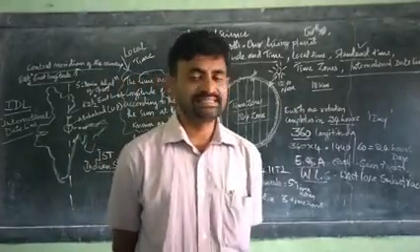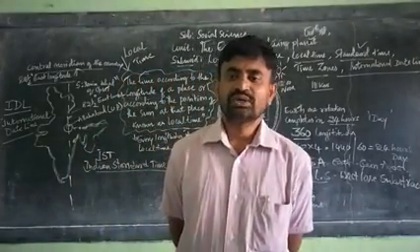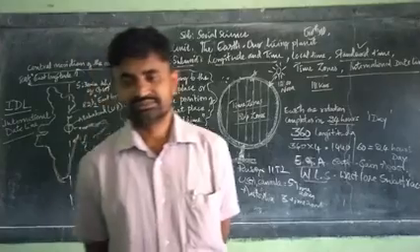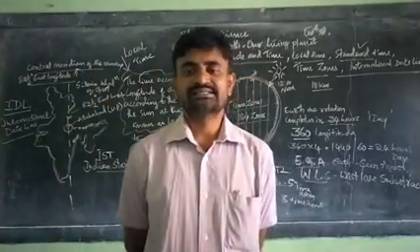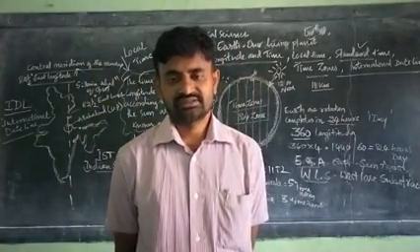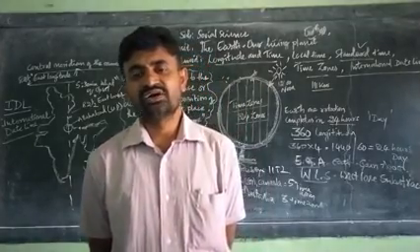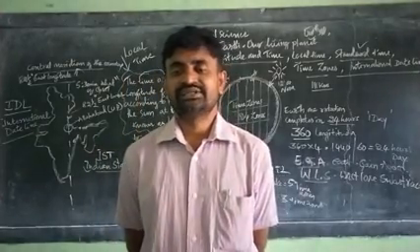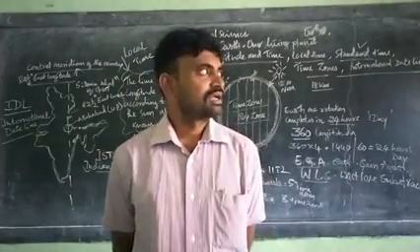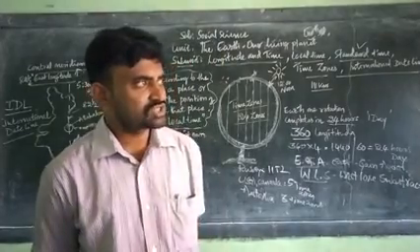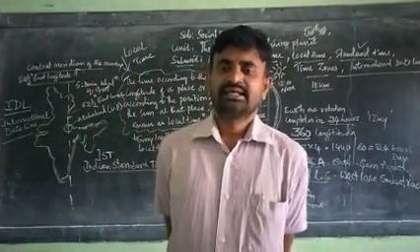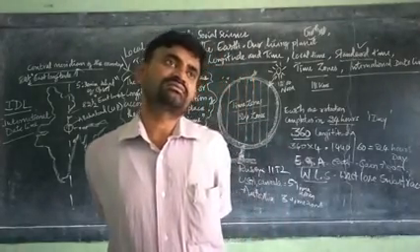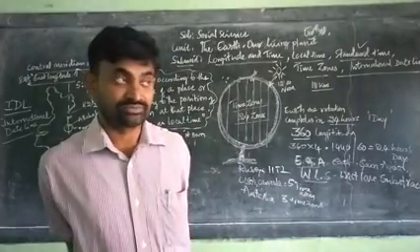And the fourth one is, the 23.5 degree north latitude is called dash. And the last question is, the Indian Standard Time is based on dash longitude.